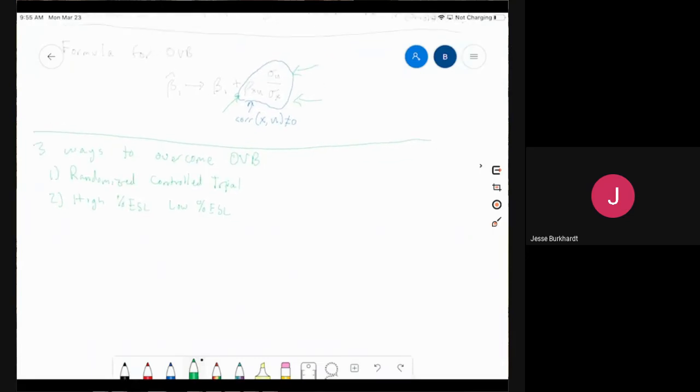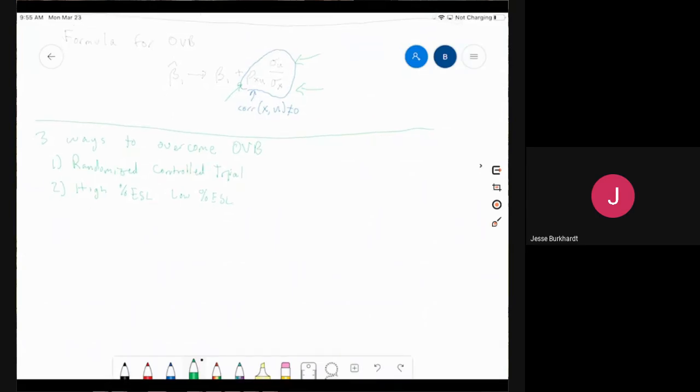We know that our beta hat 1 standard errors depend on the sample size. If we cut up our data, our sample size gets cut in half essentially for each regression, the high and low percent ESL regressions. And so we're going to lose statistical power, which isn't good. We don't really want to do that.